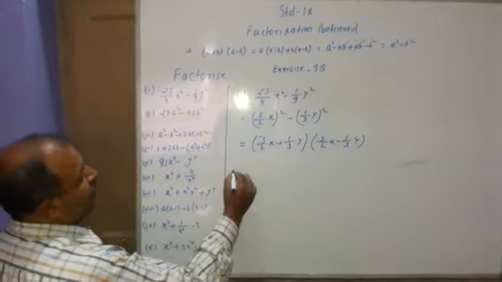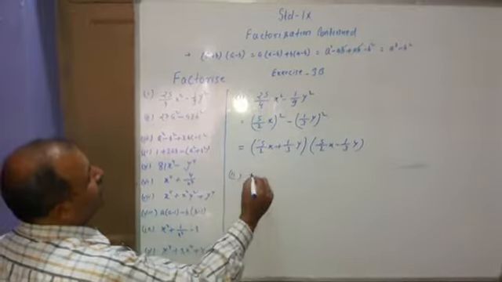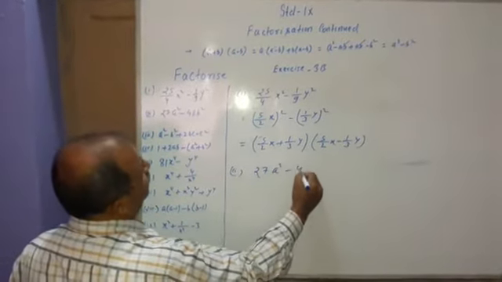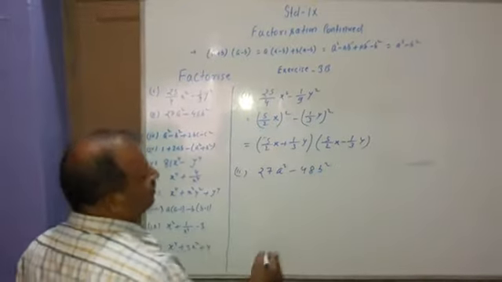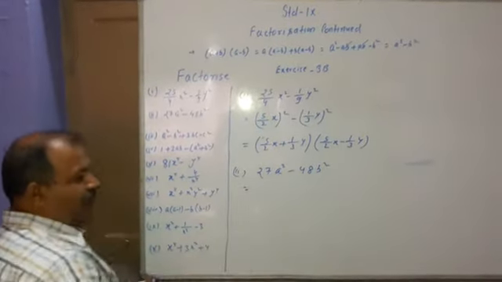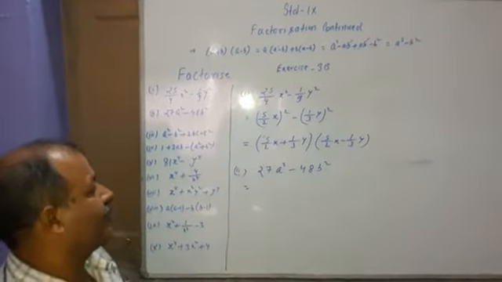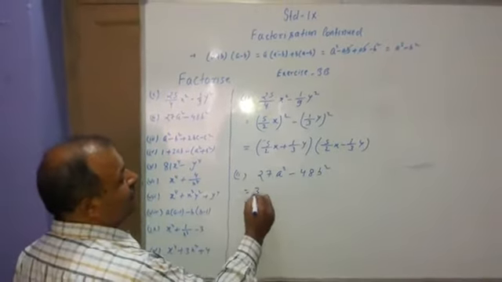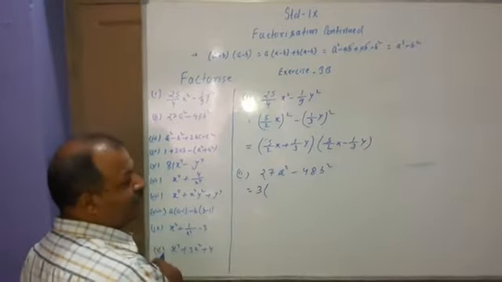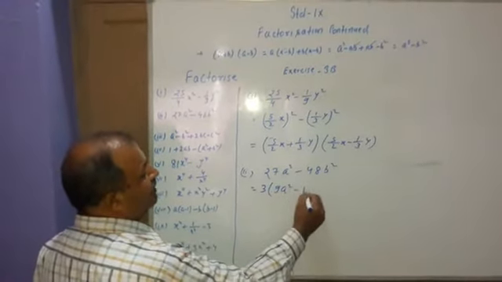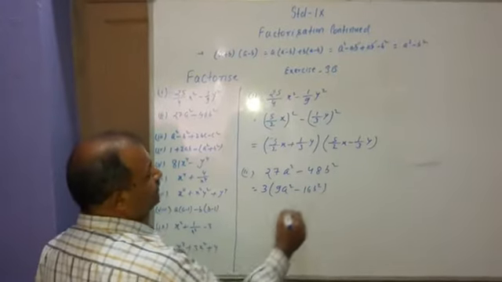Now the second problem: 27a square minus 48b square. When we find the HCF of 27 and 48, we find 3, and 3 will be taken as common. We are left with 9a square minus 16b square.